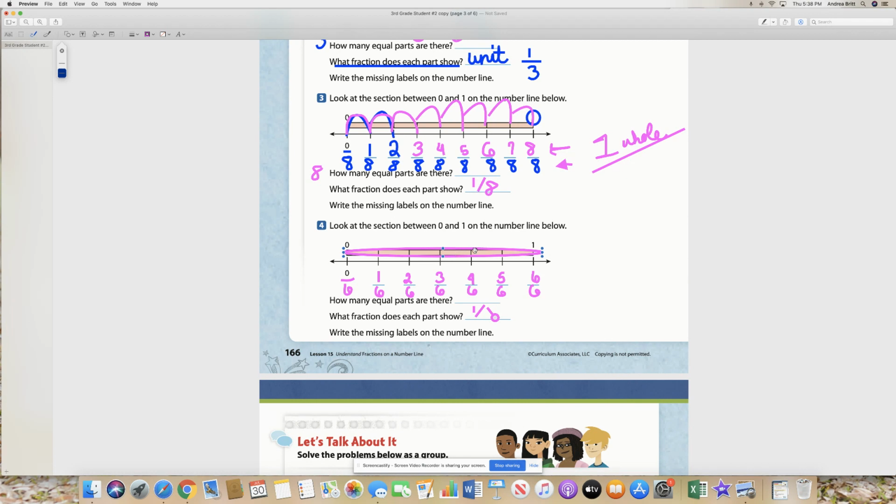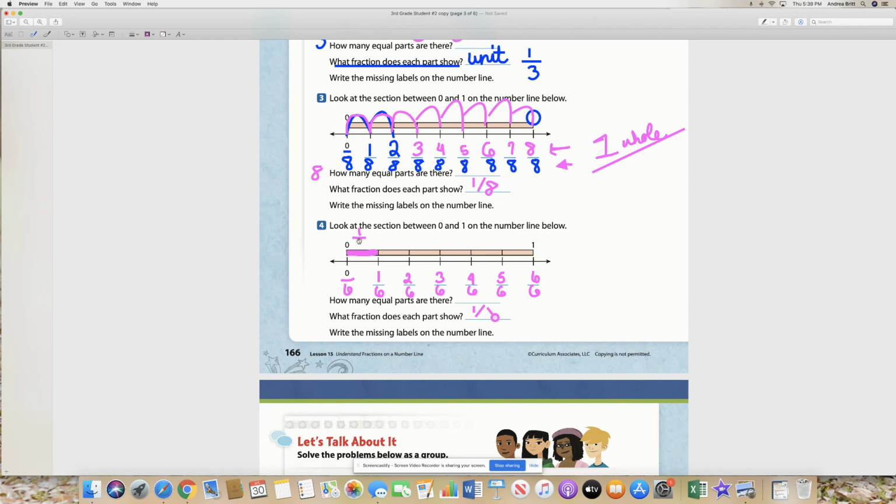That model has been put on top of your number line so that you can see how each one of these spaces in the model is just like one space on the number line. They're trying to get you to see the relationship between models by putting a model on top of the number line, because each one of these is one out of the 6 pieces that this number line makes up, right?